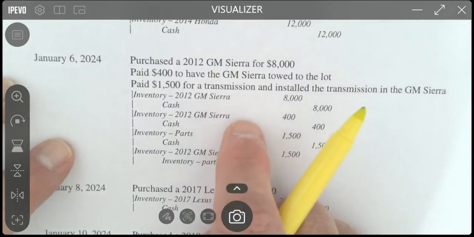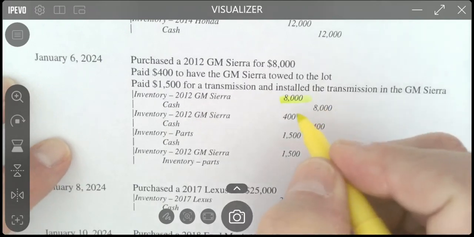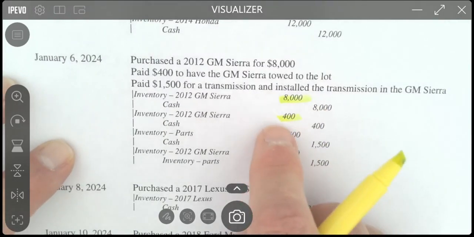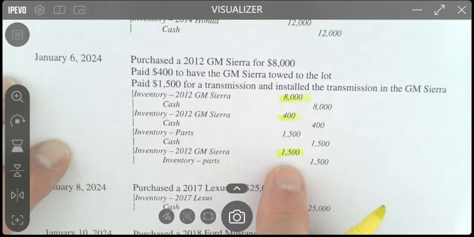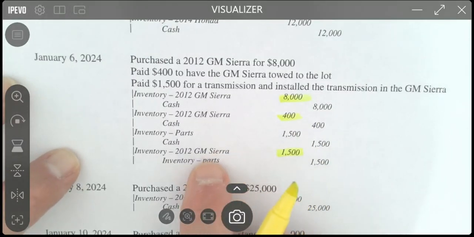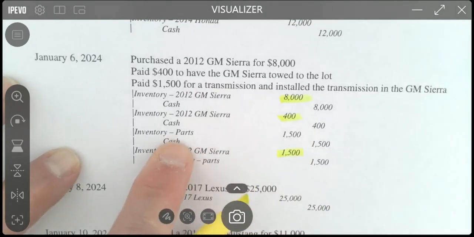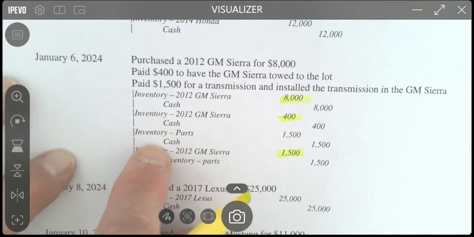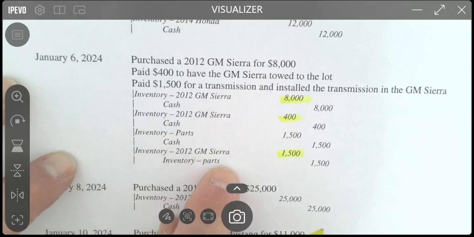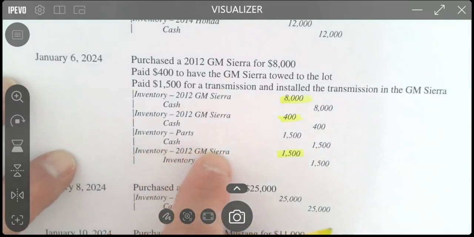So the cost of the GM Sierra includes the $8,000 we paid for it, the $400 to get it to our place of business, and the $1,500 inventory item, the transmission that we put in it. Notice this transaction above. This just shows that when we bought the transmission, we put it in our parts inventory, but then quickly transferred it from parts inventory to the inventory cost of the GM Sierra.